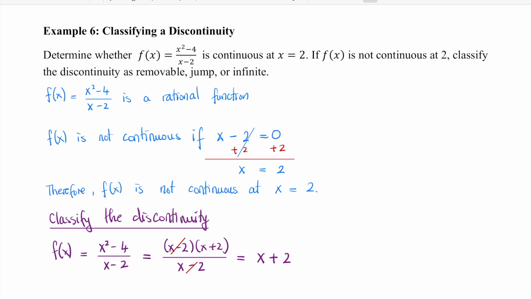My discontinuity was at x equals 2, and after simplifying f of x, the discontinuity was removed. So this is a removable discontinuity.